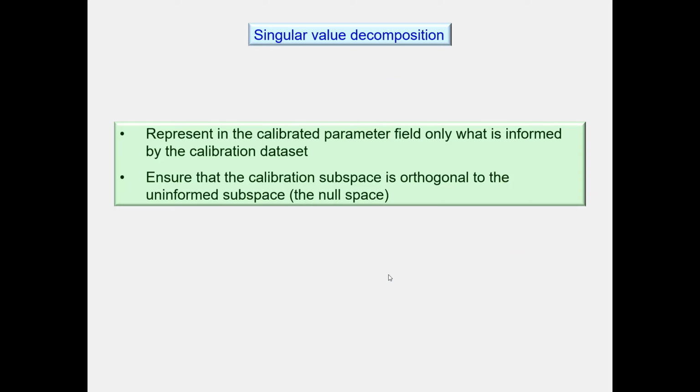So singular value decomposition tells us that if we want uniqueness, there's a price to be paid. It's an abstract parameter field, a shadow of reality that has considerable error, but unknown error, but I can guarantee that if I do everything correctly, I've minimized the potential for error in the calibrated parameter field and any predictions that are sensitive to that calibrated parameter field, as all are.